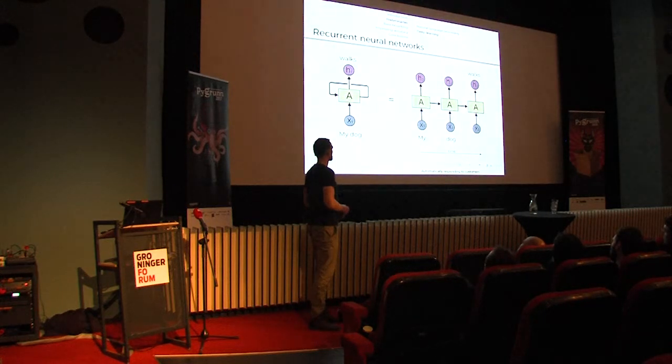If I unfold this in time, this is the clearer representation, but both are the same. So you have your neural network process, then you go to the next step, then "dog" comes in, and you go further. And here you want to predict "walks", because if you have the sentence "my dog", then it is likely that "walks" will be next, or some other word. This is just an example, of course.